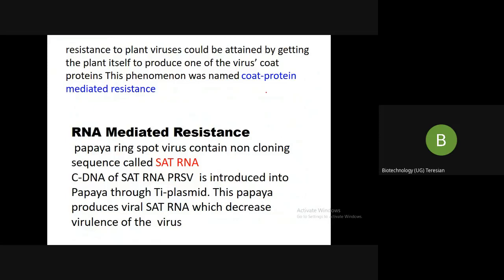What they did was identify the gene which codes for the coat protein. This is the gene they identified. And then what was their idea? To insert this gene into the papaya plant, so that it acts like a vaccine.